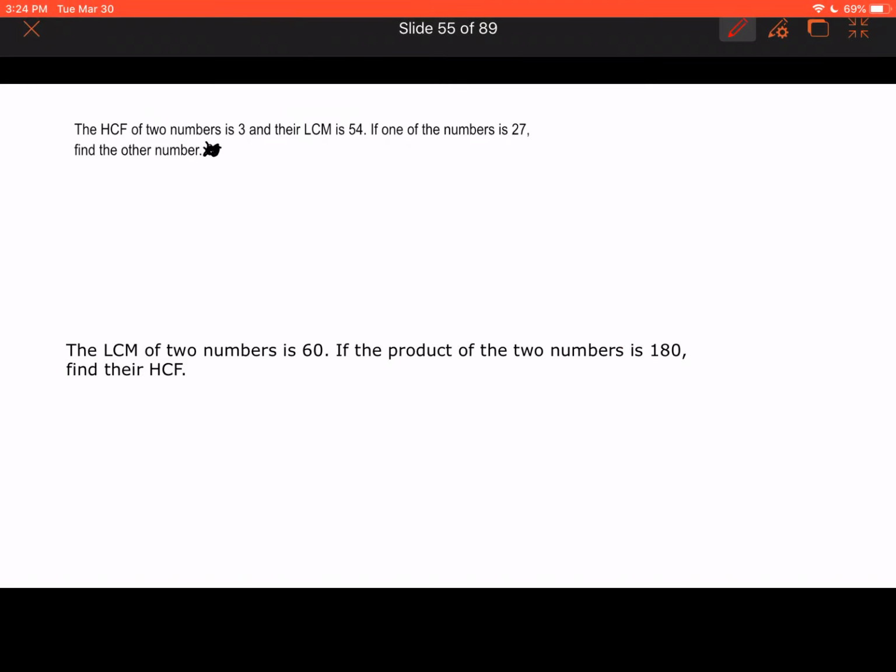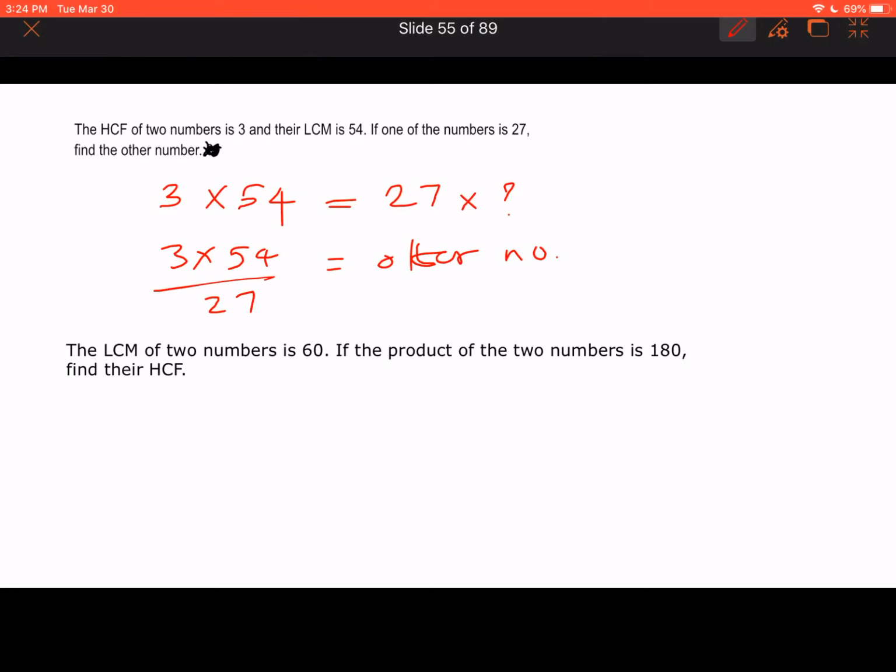problems today. HCF of two numbers is 3, and their LCM is 54. If one of the numbers is 27, what is the other number? It's quite simple, right? So the other number is going to be 3 times 54 by 27, which is going to be 6.